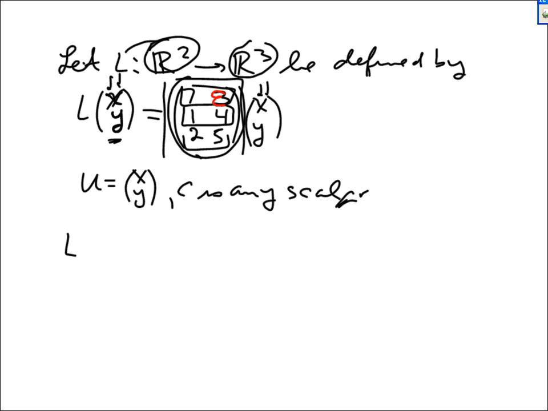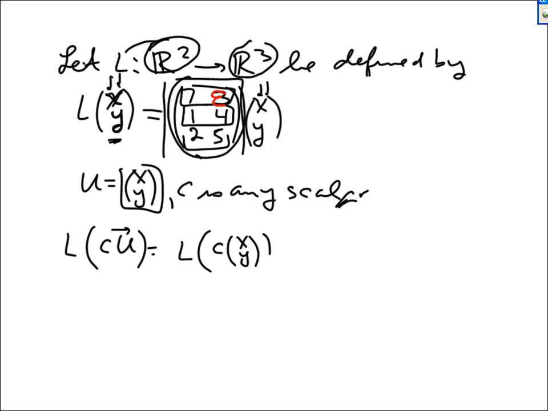Well then, L of cu is just L of c times xy, because that's u, and c times xy is cx cy. And L of that, L of anything, is this matrix.